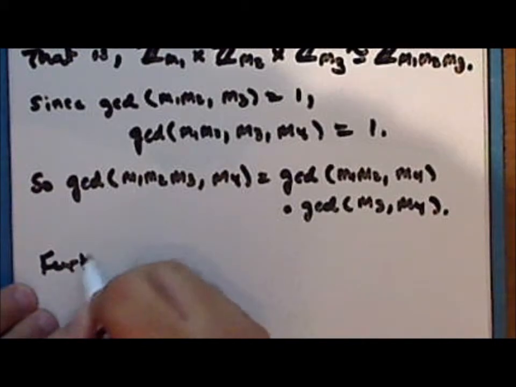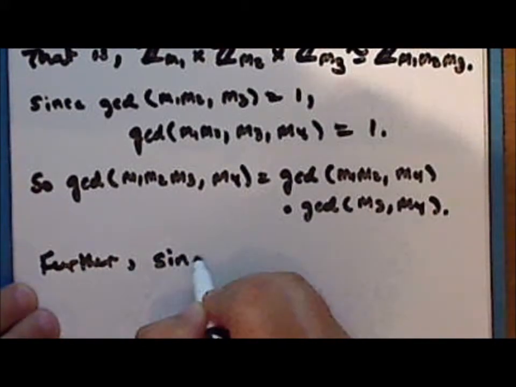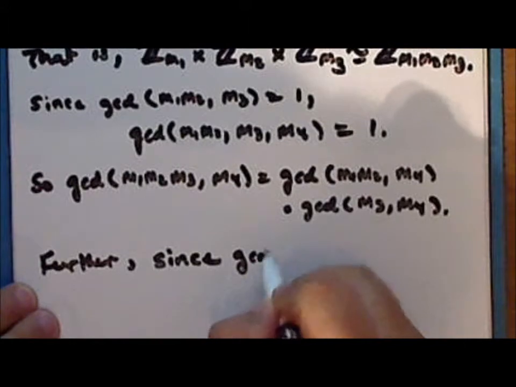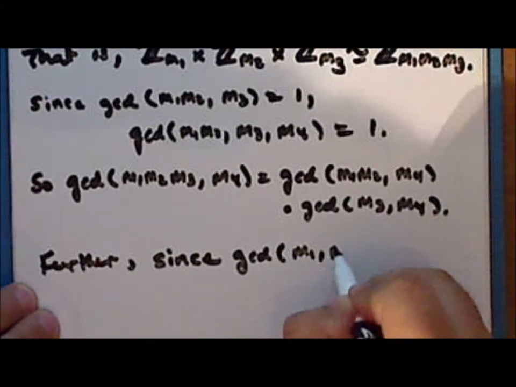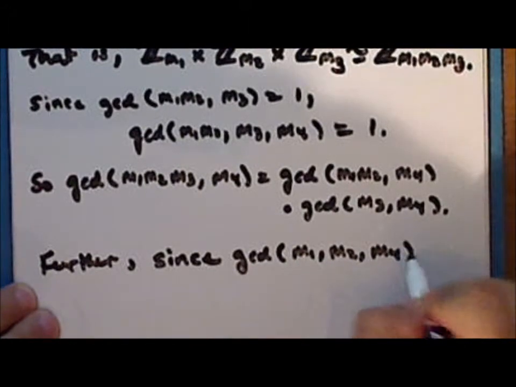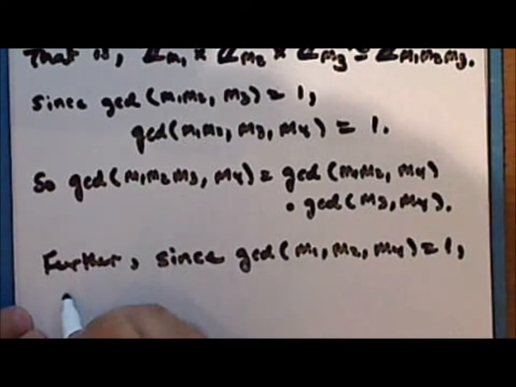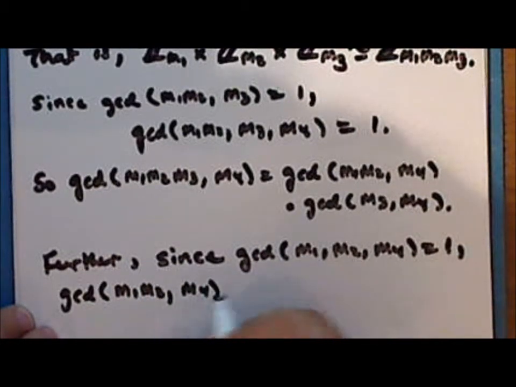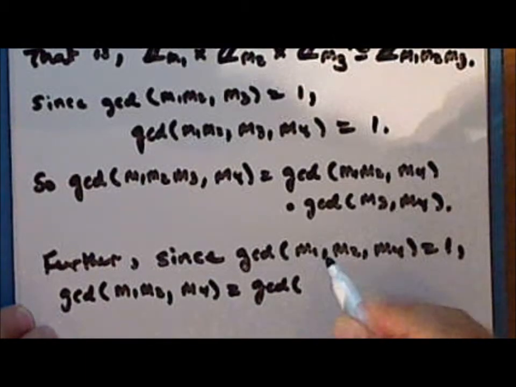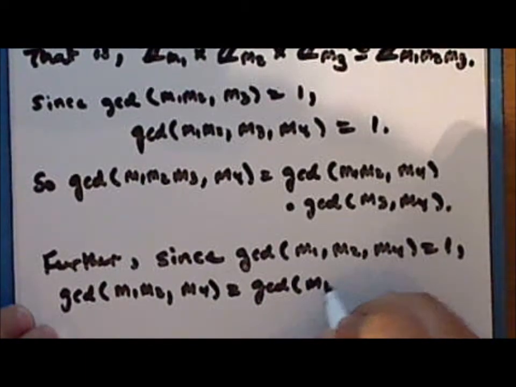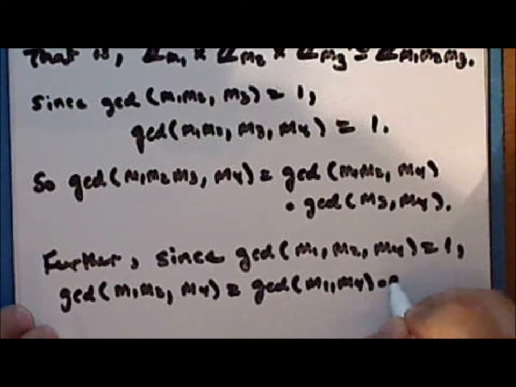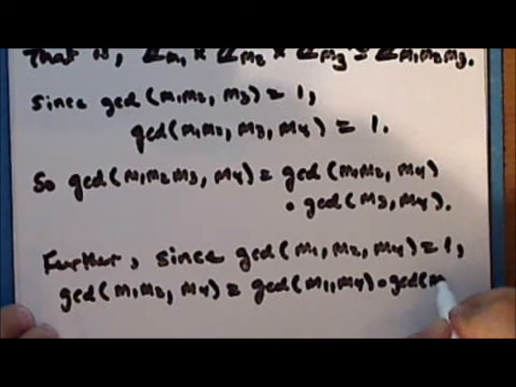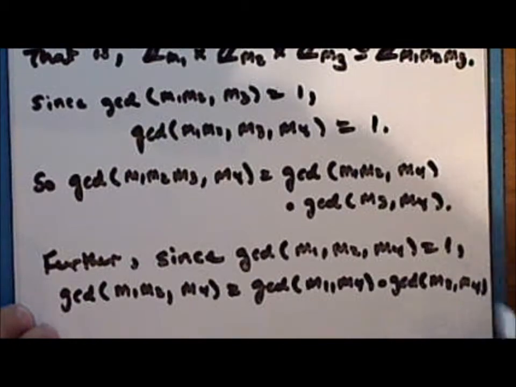Further, since the greatest common divisor of m1, m2, and m4 is equal to 1, we have that the greatest common divisor of the product m1 times m2 and m4 is equal to the greatest common divisor of m1 and m4 times the greatest common divisor of m2 and m4, which is 1 times 1, which is 1.